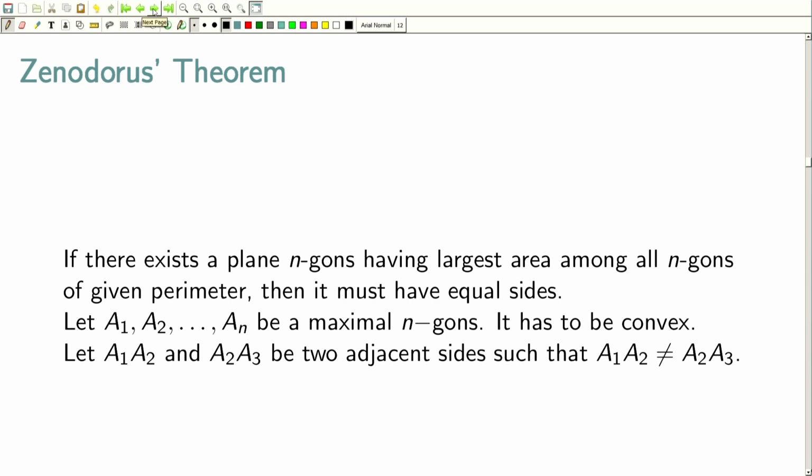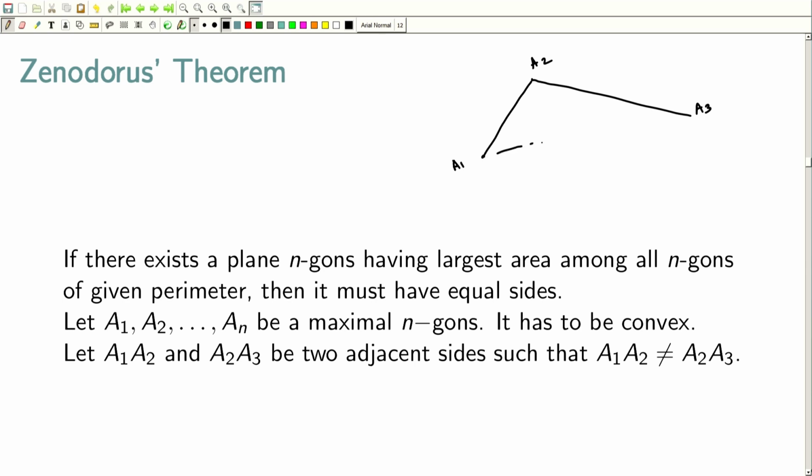Okay, let A1A2 and A2A3 be two adjacent sides such that A1A2 is not equal to A2A3. Suppose I have A1, A2, and this is A3, and A1A2 is not equal to A2A3.